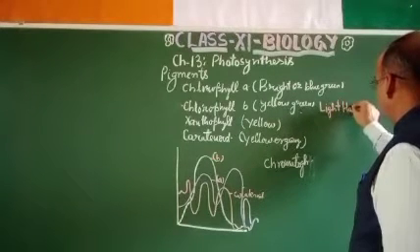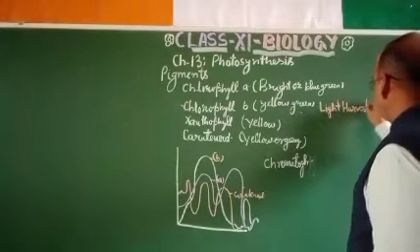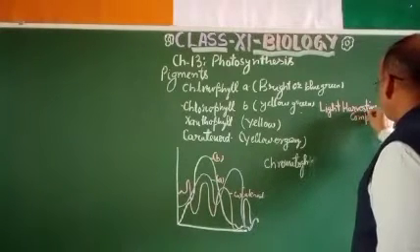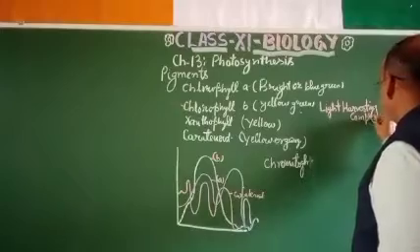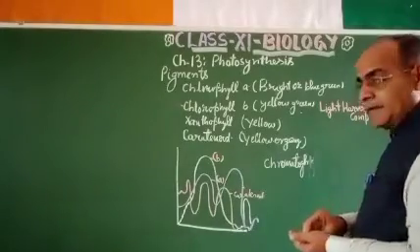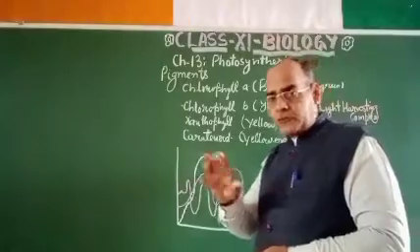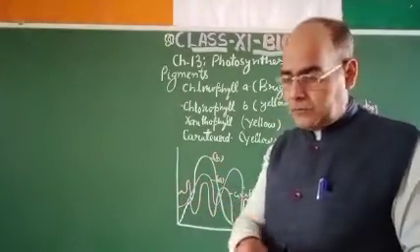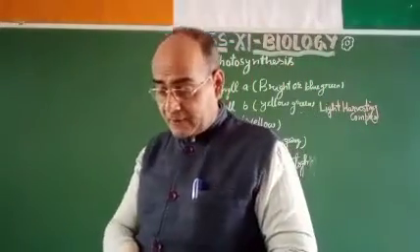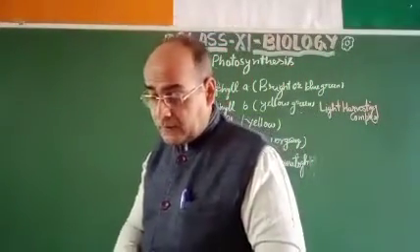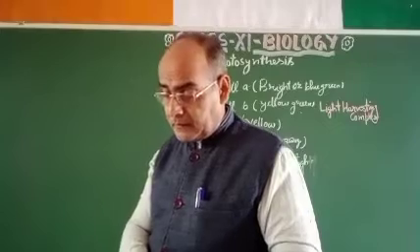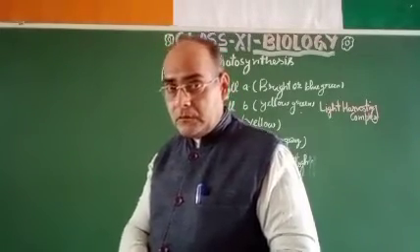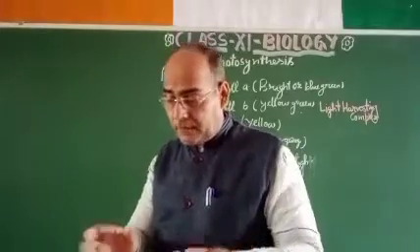What is this light harvesting complex? It is a system of photosystem 1 and photosystem 2. Two types of light harvesting systems are found, photosystem 1 and photosystem 2, in the chlorophyll A.